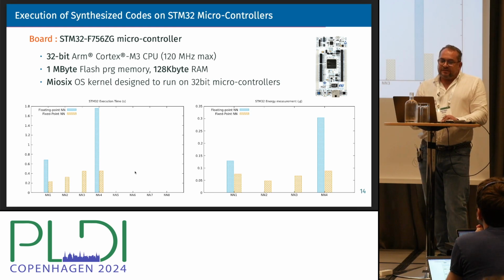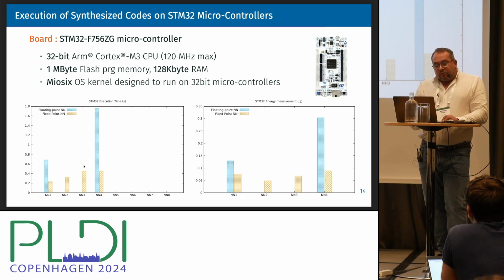On the left, it's the time, and on the right, the energy consumption. And more importantly, there are several networks from our benchmark that cannot pass in floating point. We cannot load them and execute them on the board. It explodes. But we can do it in fixed point.